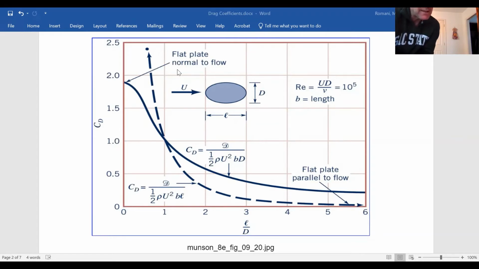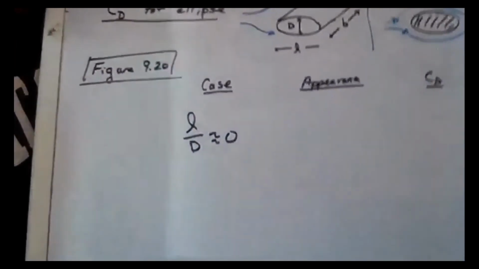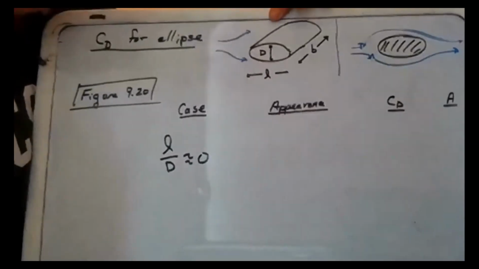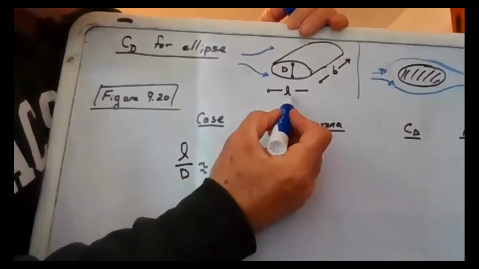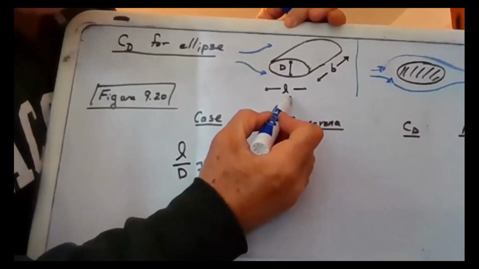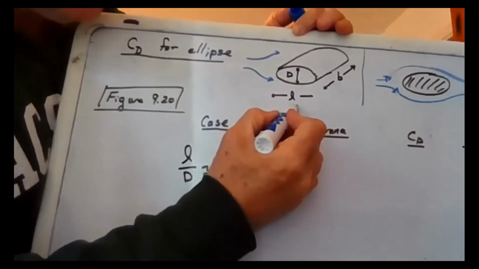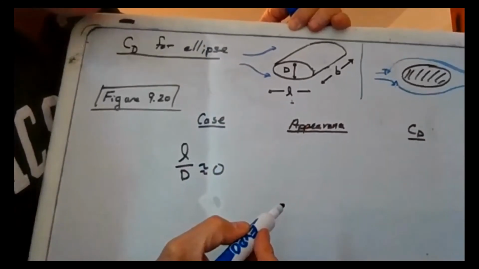Let's go back and look at the first example and see what the appearance would be. Taking a look at this case where L over D equals 0, that would mean this L should be a very, very small number. Just imagine it being a quarter inch or something like that.